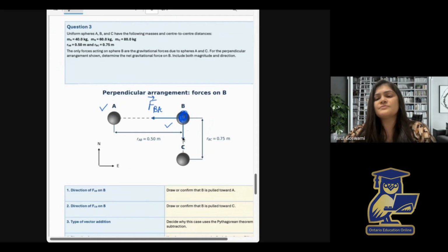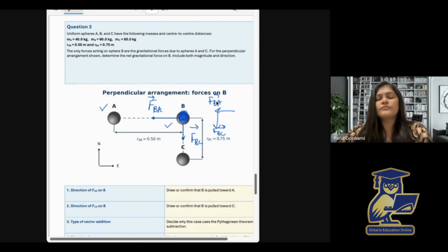That's why it's going to experience the force towards C, which is F_BC, which is force on B due to C. So these are the two forces, and since these two vectors are arranged perpendicularly, F_BA and F_BC. Now, since you know that forces are vectors and vectors can be added using vector addition, here we can use the triangle law to determine the net force.